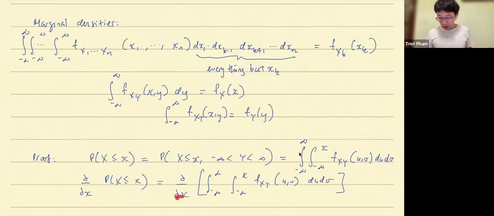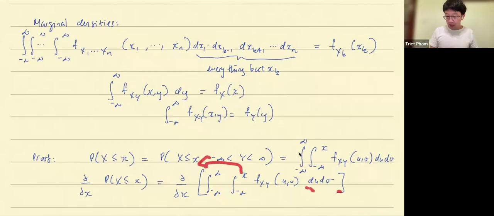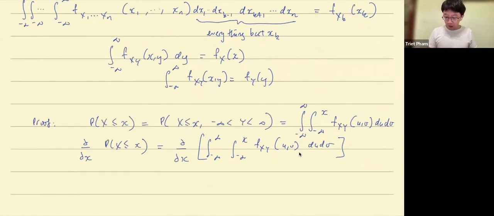The first way is I can pass the differentiation operator inside the first integral and just hit the second integral, because that's where X is. Or I can do a Fubini change of integration order, switch this to dv du and bring the X outside so I can differentiate with respect to X. The end result is the same thing, meaning that I just have to differentiate this integral and ignore the other one.